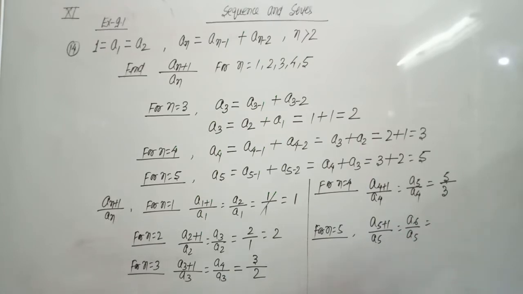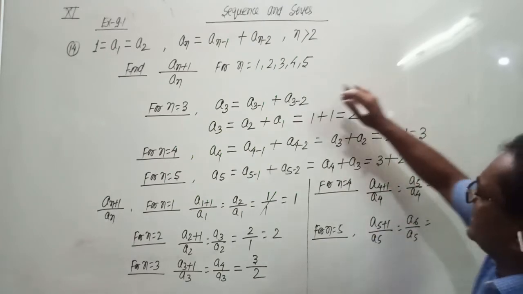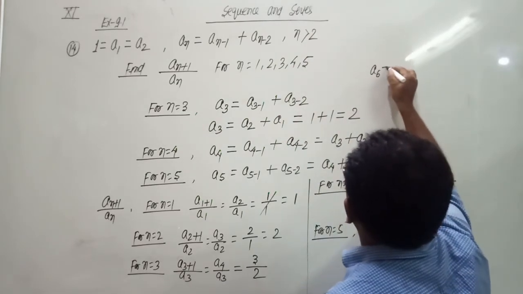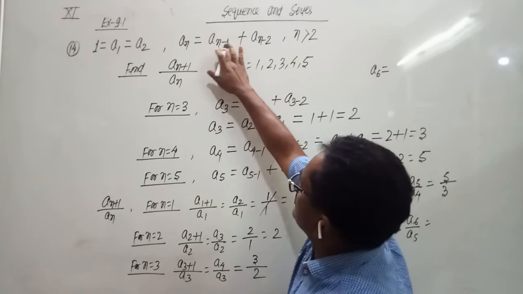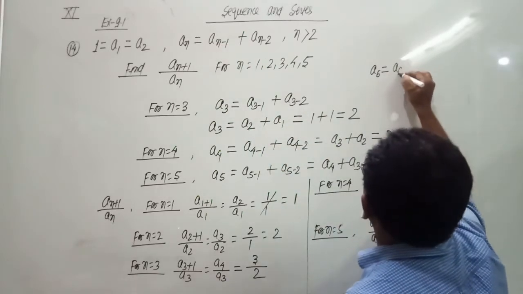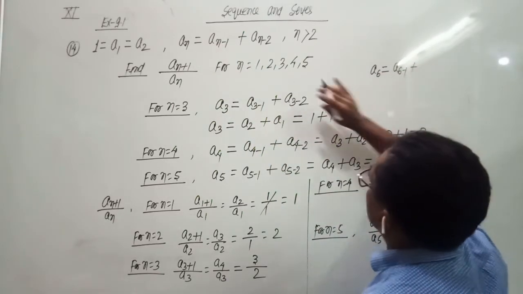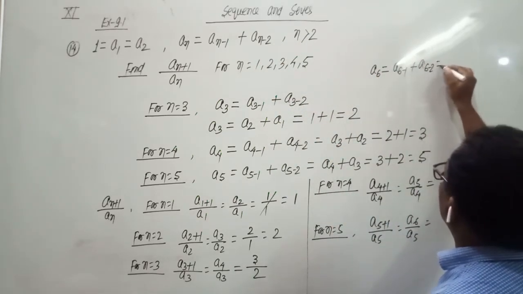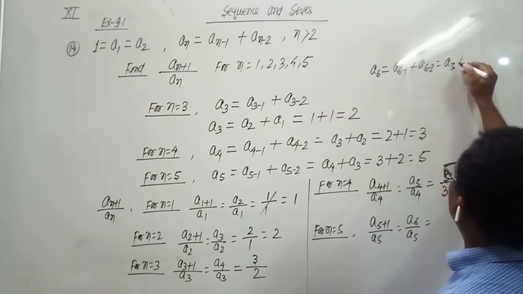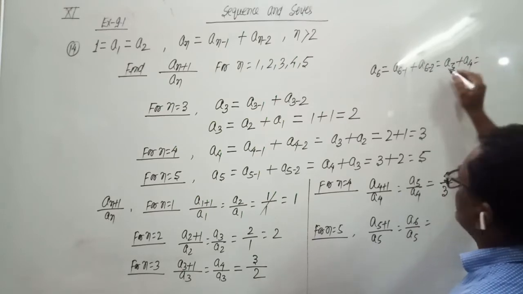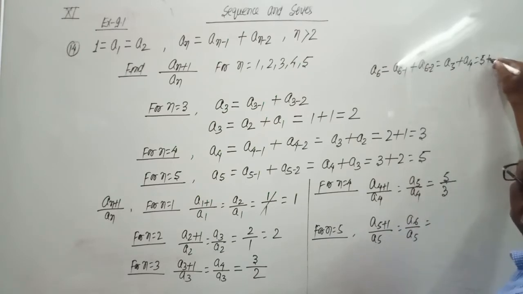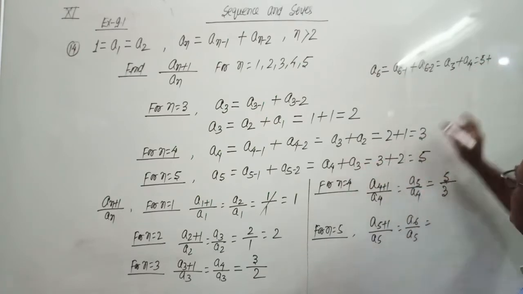And the value of a6 we haven't calculated, so we find the value of a6. So a6 equals to a(6-1) plus a(6-2), that is a5 plus a4, and the value of a5 is 5 and the value of a4 is 3.